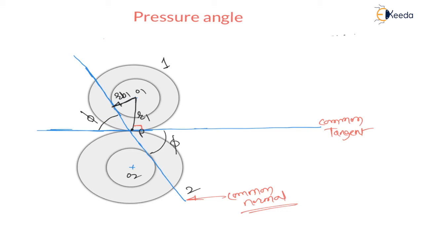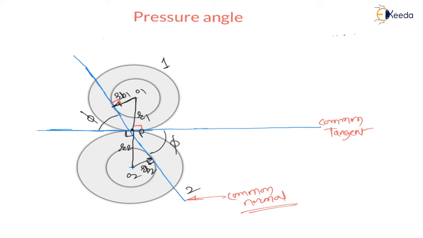Therefore, here RB1 will be perpendicular, and at this location there will be a 90-degree angle, right? Similarly, here O2 to P distance is R2, and this distance will be RB2, right? At this location 90-degree angle, at this location 90-degree angle, at this location 90, at this location 90, right?